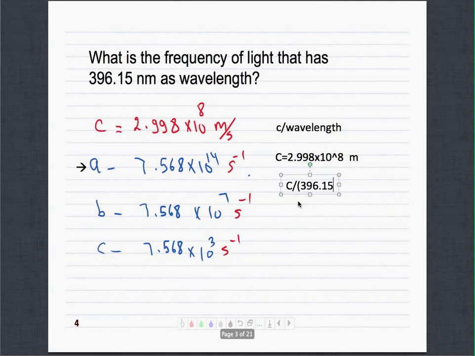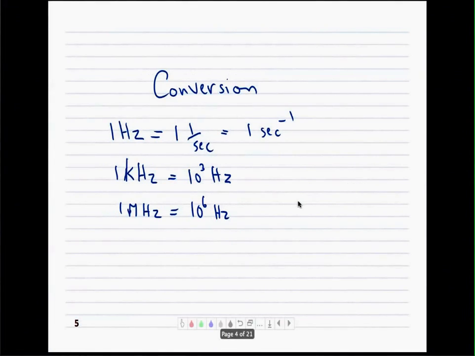Okay, let's do one more. So another conversion, a new conversion, is 1 kilohertz. We deal with it the same as going from kilogram to gram, from kilohertz to hertz. It's 10 to the 3 hertz. So in other words, the conversion factor is 10 to the 3.